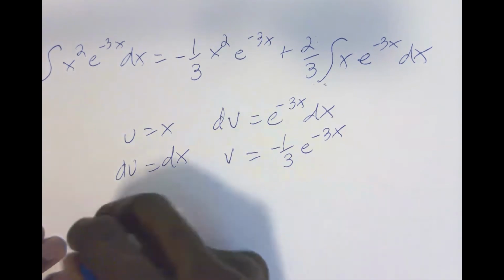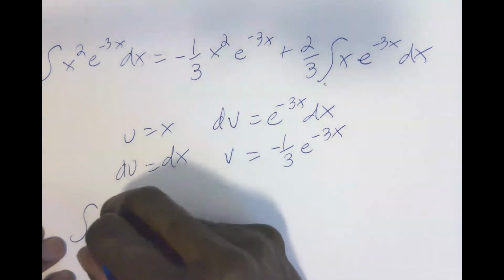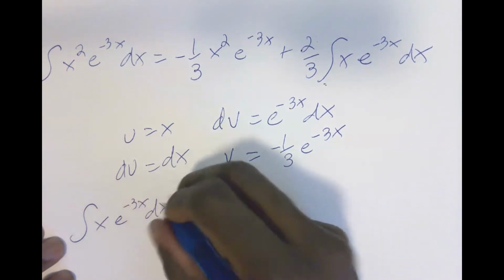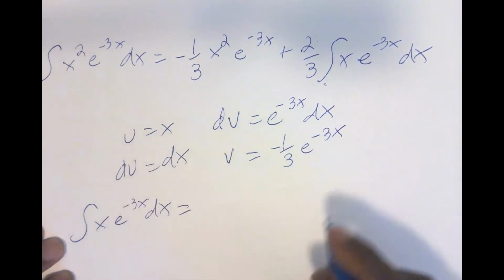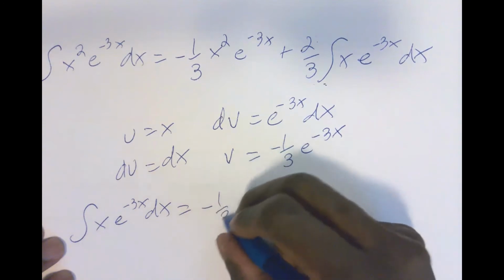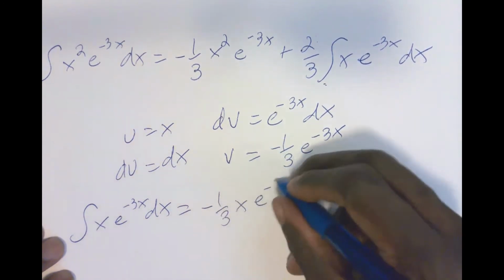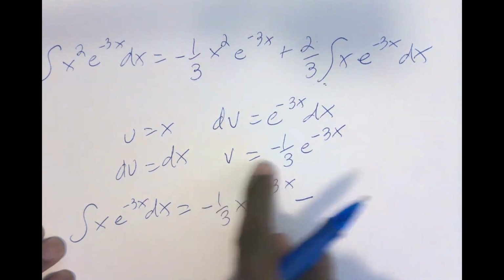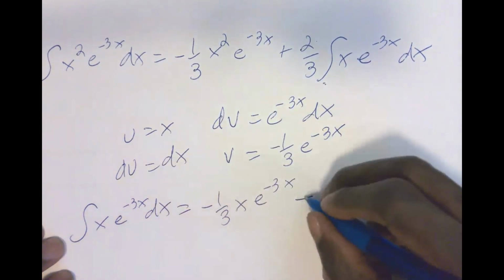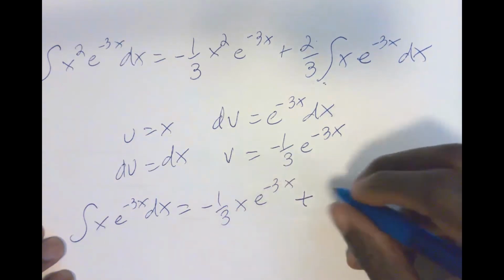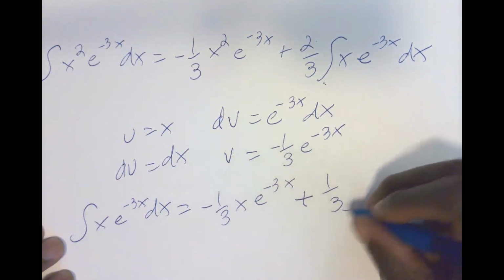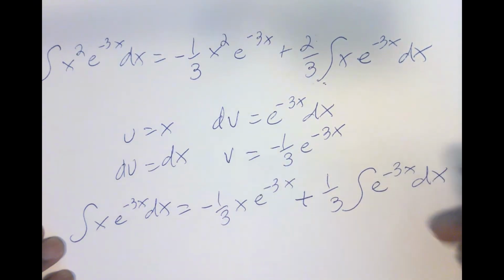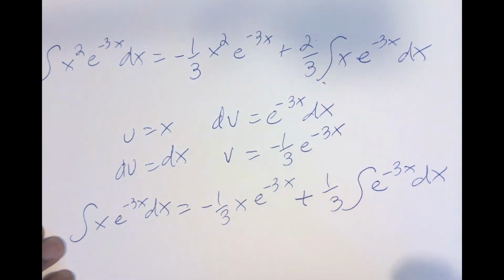So the integral of x e to the negative 3x dx would be u times v, so that's going to be negative 1/3 x e to the negative 3x minus the integral of v du, so v is negative, so plus, and I'll take this out, plus 1/3 times the integral of e to the power of negative 3x dx. And now this is something that we can integrate.